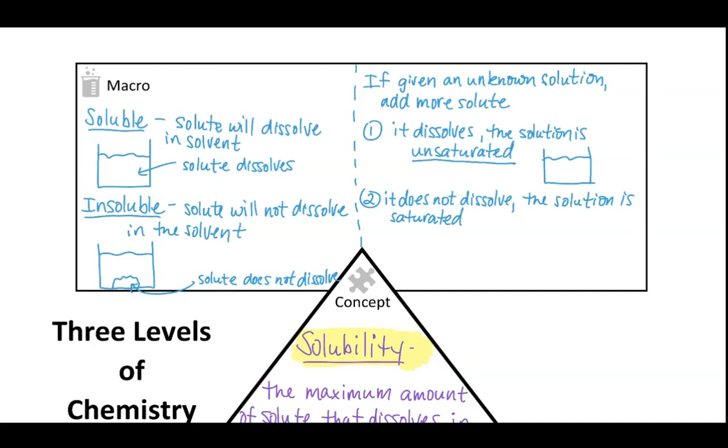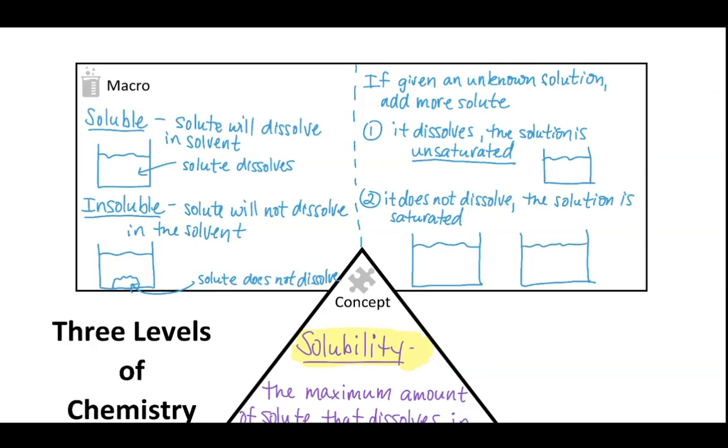Now, here's the catch. You can't actually tell by looking at a solution if it's saturated or unsaturated, which is why we have to do one of these tests, because you could start with a solution and add more solute, and it dissolves to a point of saturation, and it's still not going to look like anything that's different.